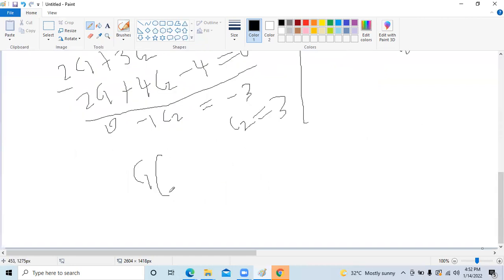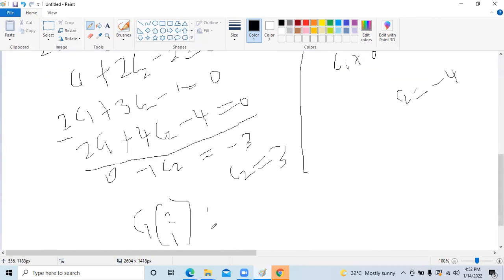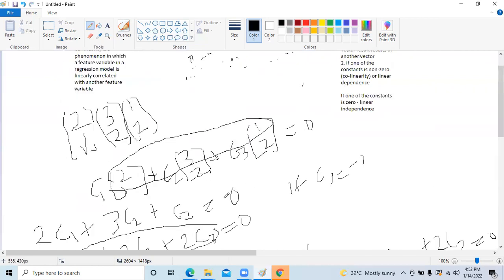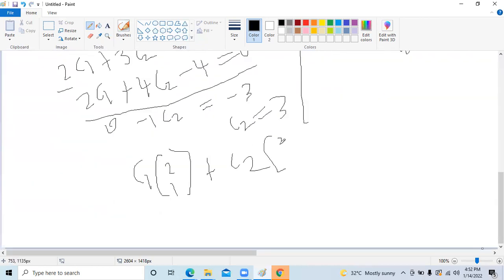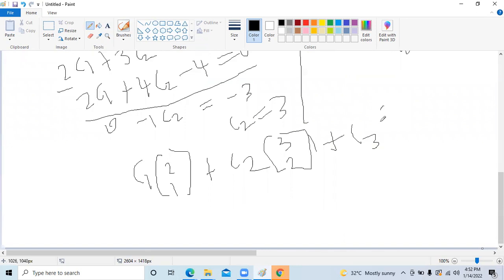So C1 in bracket 2, 1, then we add plus C2 in brackets 3, 2, plus C3 in bracket 1, 2 equals to 0.